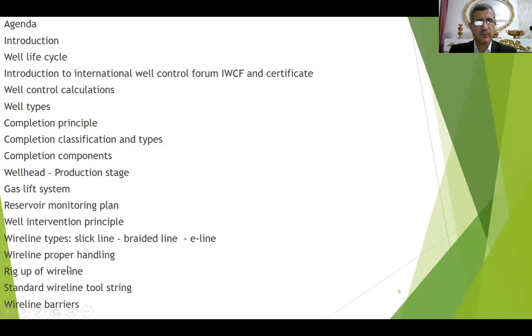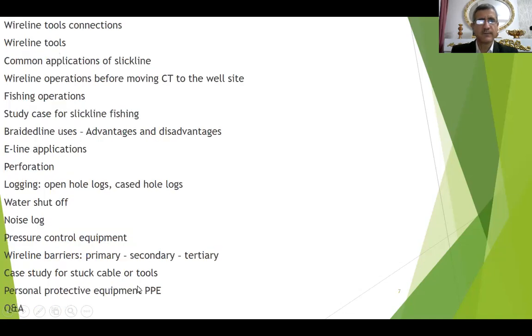We can go also to wireline proper handling, rig-up of wireline, standard wireline tool string, and wireline barriers.